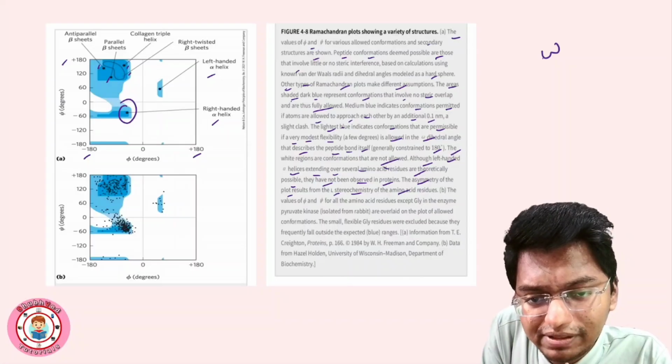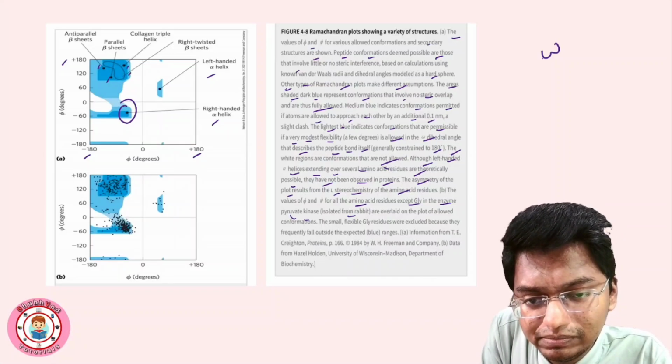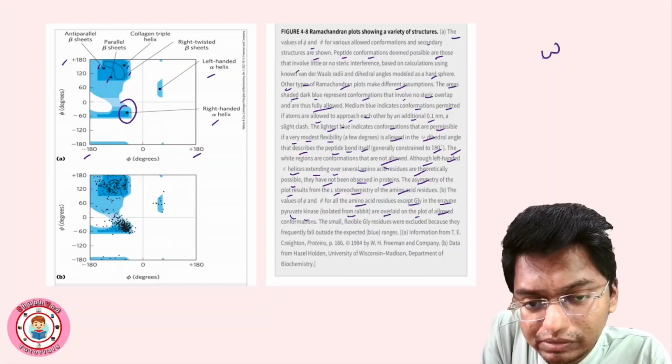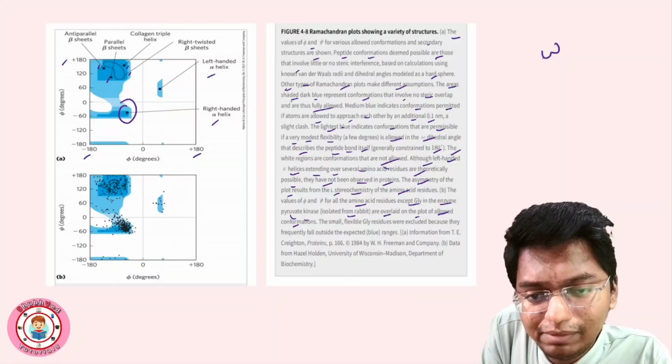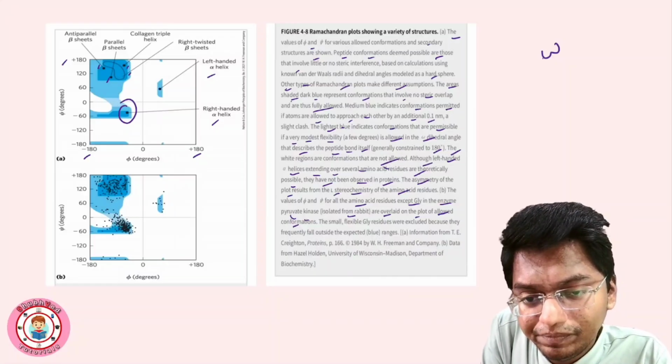The values of phi and psi for all the amino acids except glycine in the enzyme pyruvate kinase isolated from rabbit are overlaid on the plot of allowed conformations. That means glycine has been excluded. Why? Because it is flexible.